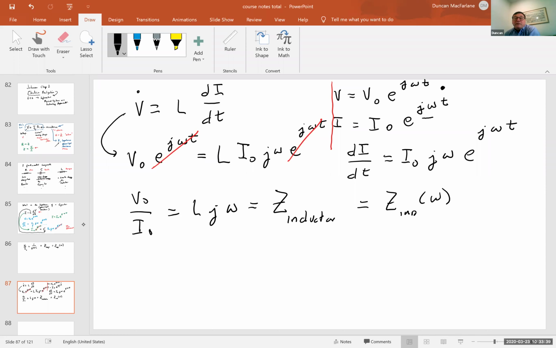But it's really beautiful that the impedance of the capacitance is 1 over j omega C. The impedance of the inductor is j omega L. So j omega is in both of those, but in one it's in the denominator, in the other it's in the numerator.